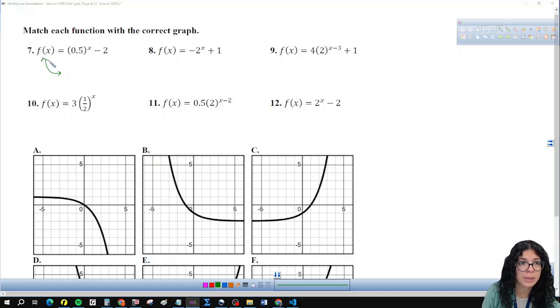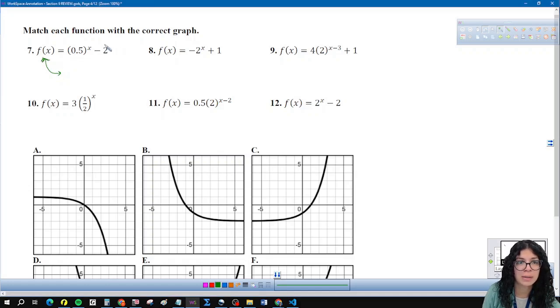And also notice that the transformation is that it's going to be shifted down 2 units. So if you're shifting the graph down 2 units, that means that also the horizontal asymptote, which is normally at the x-axis, y equals 0, it's going to be shifted down 2 units as well.